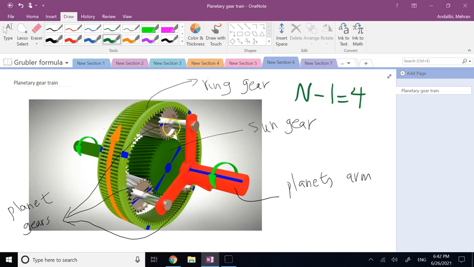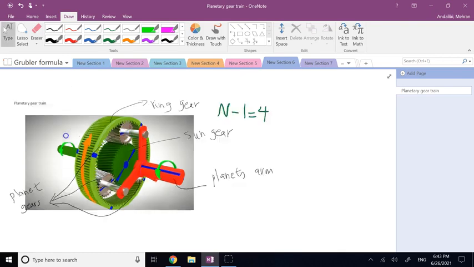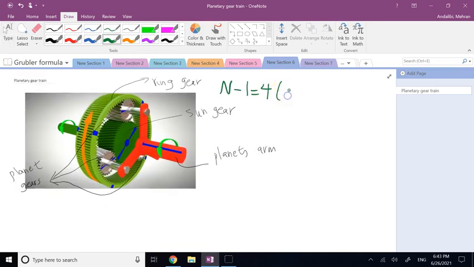But here, for simplicity, I'm only counting one planet gear.